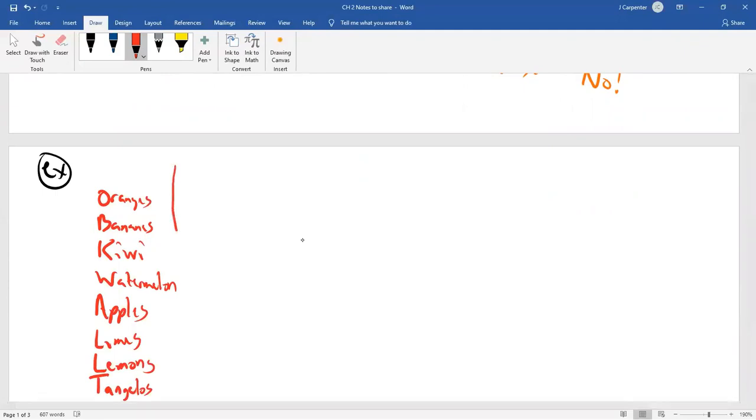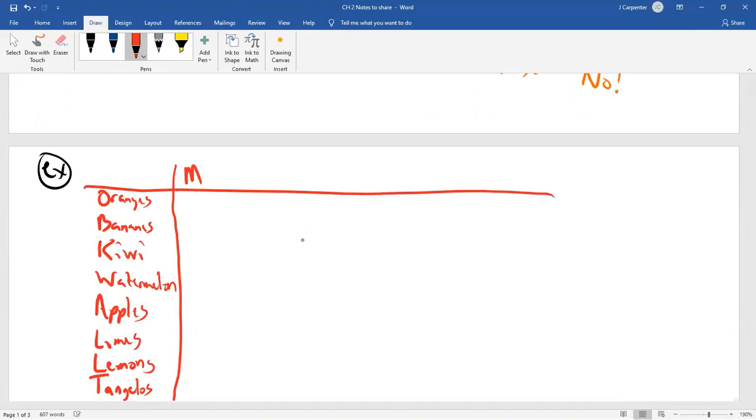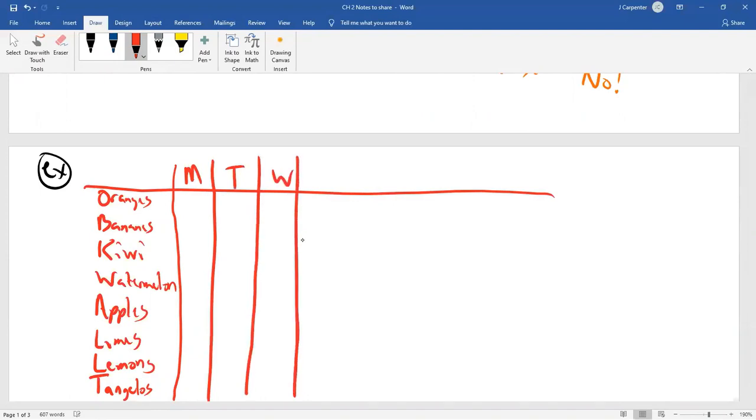And then we're going to have a whole bunch of days for these. We're going to go full week. I'm going to abbreviate the days, though, because this will get ridiculous otherwise. Monday, Tuesday, Wednesday, Thursday, which we're college students, we should know is R. Friday.